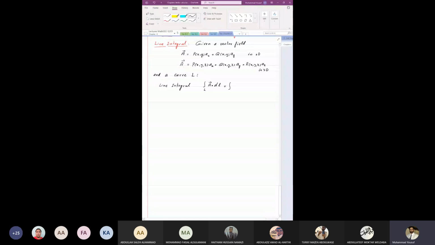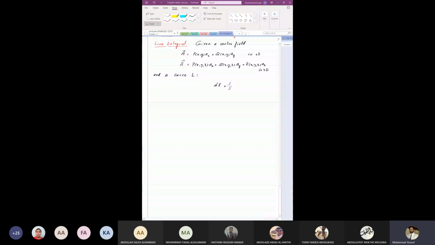It can be given by parametric equations in 2D, by parametric equations in 3D, which has a starting point.